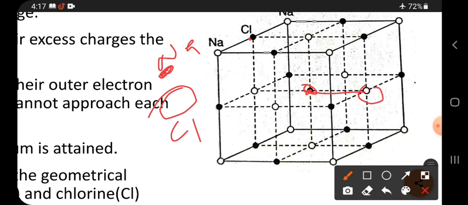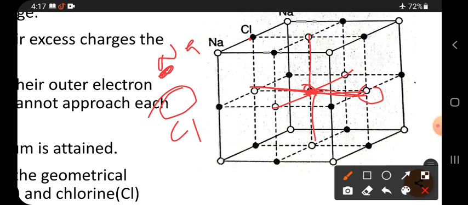At the same distance, how many atoms are present? That is called the coordination number, or first nearest neighbors. So here 1, 2, 3, 4, 5, 6.